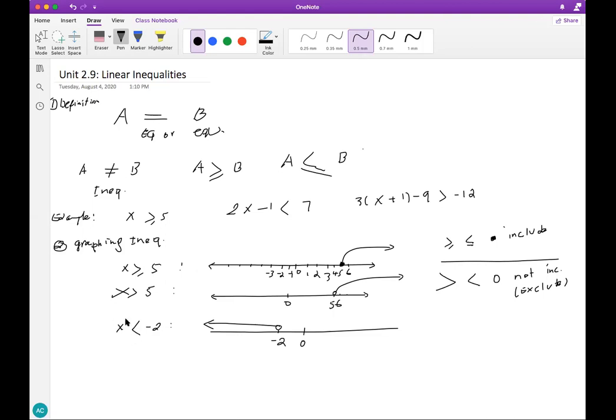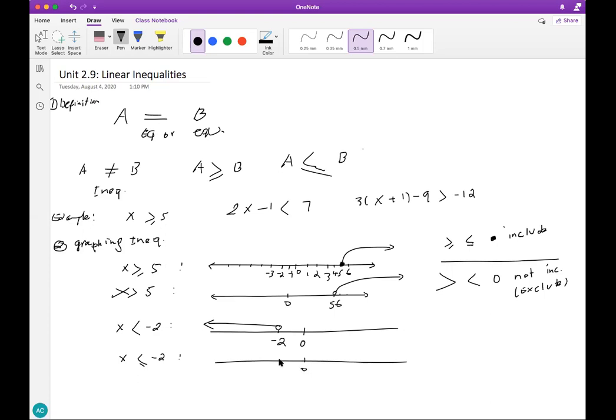So you can do the same thing if you have the same one with that little line. So let's do this one. This is x less than -2. This is x less than or equal to -2. They're almost the same. The only difference is this one will have a shaded circle because we have that little line, which means include.